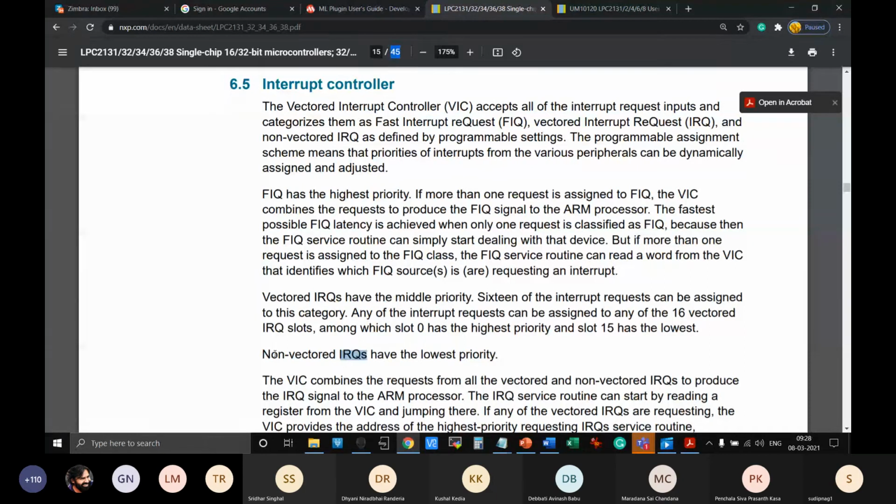If you get FIQ and a vectored interrupt request, FIQ will be served first and the vectored interrupt will be served later, even if both of them are generated simultaneously. Let's say two peripherals are generating an interrupt at the same instance of time.